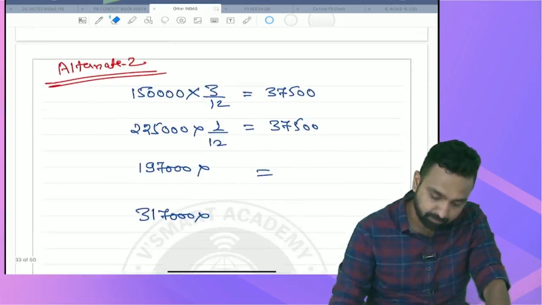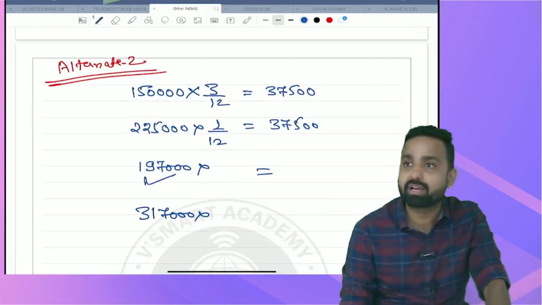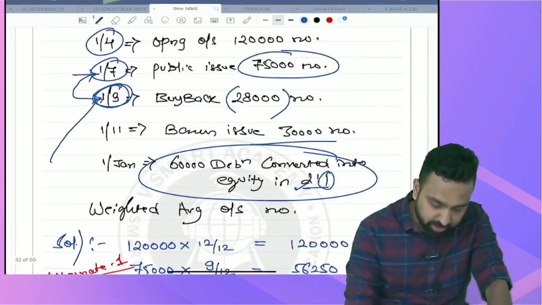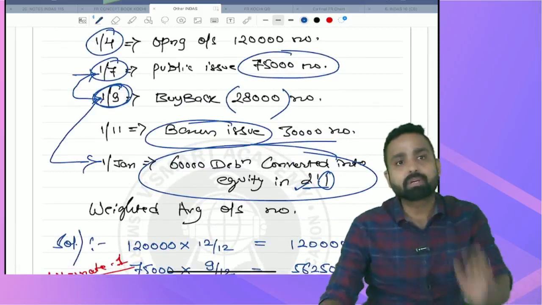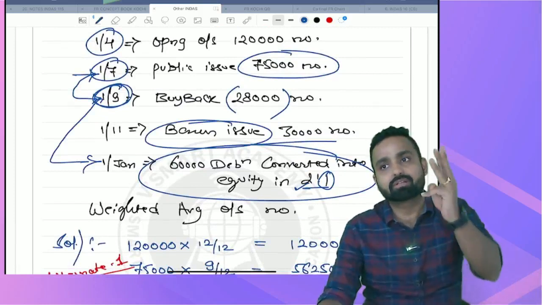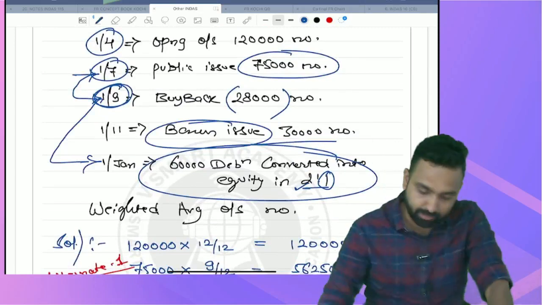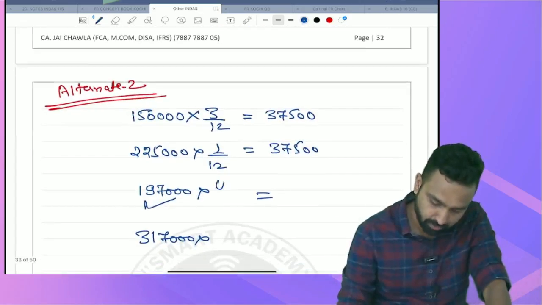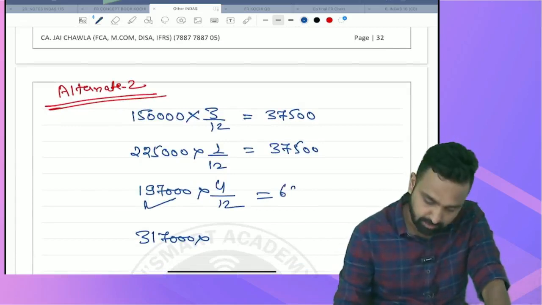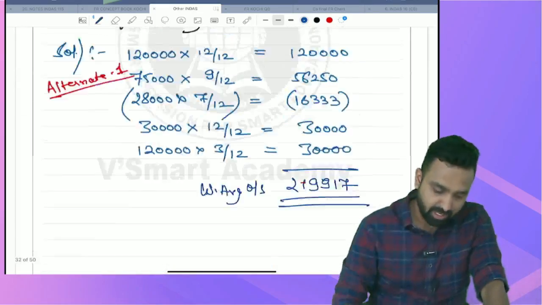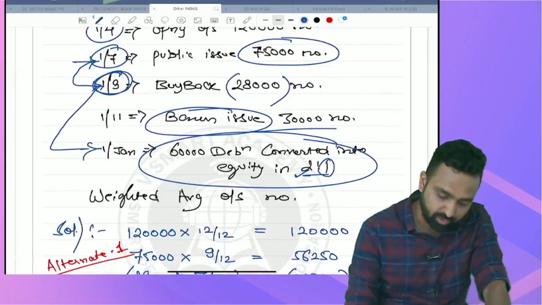It's 197, right? Till January we need to take because bonus we already took. So September, October, November, December, yes, 4 months. 197 into 4 divided by 12, 65,667. And from 197 to 120 again, then 317.